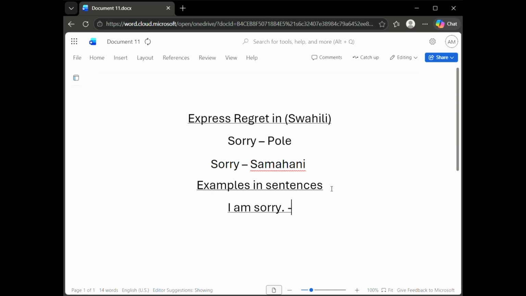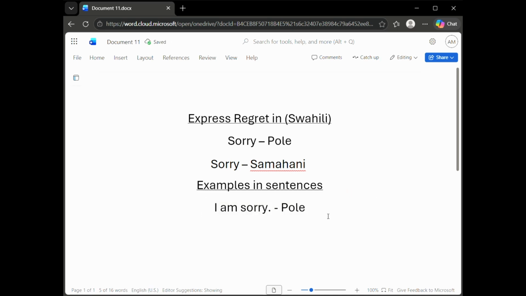Basically, it's just one word in Swahili. I am sorry, you just say it as pole. There's nothing more to that. You can add some other things, but when you just say pole in Swahili, someone will understand.